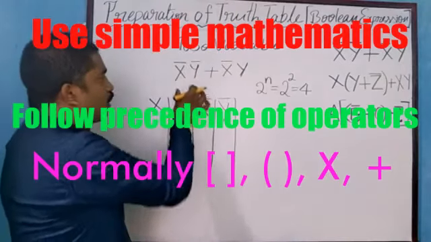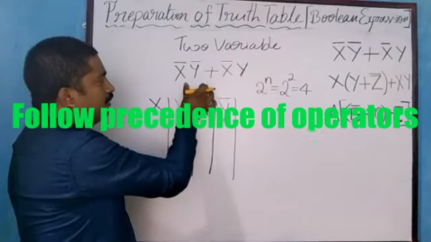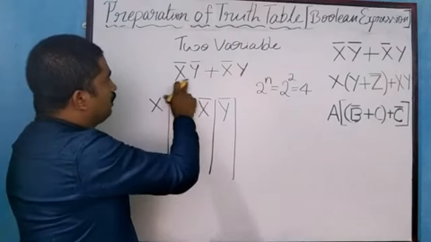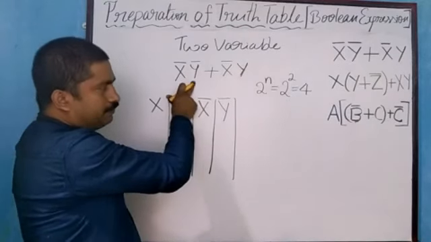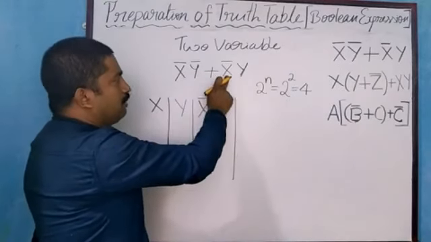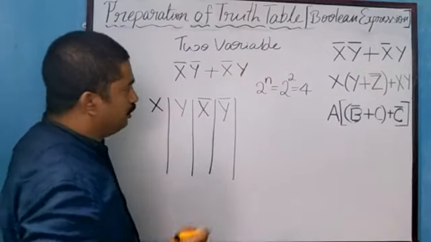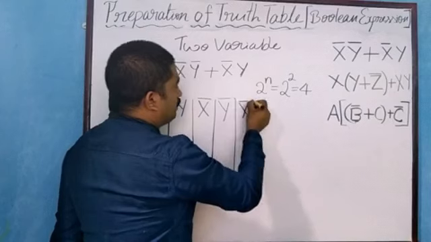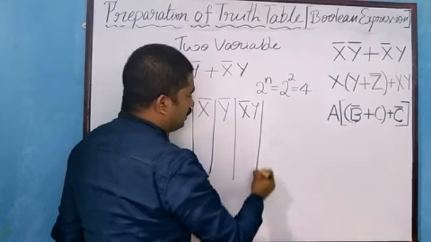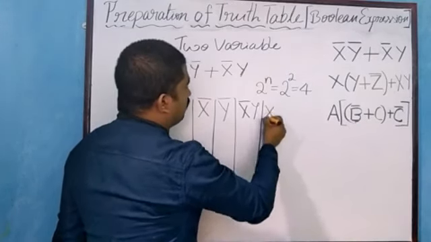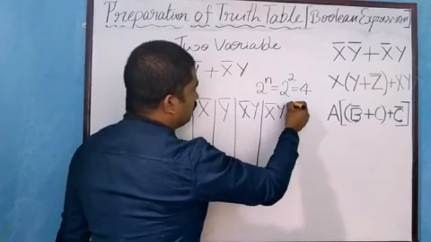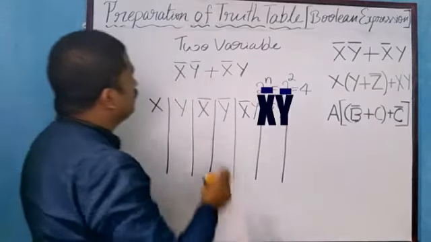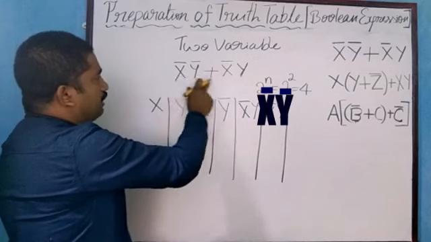Otherwise, see the product. Next, go for product. So we have this one, x complement into y. This is a product. We have to solve that one first. That is x complement y. Then the final thing.